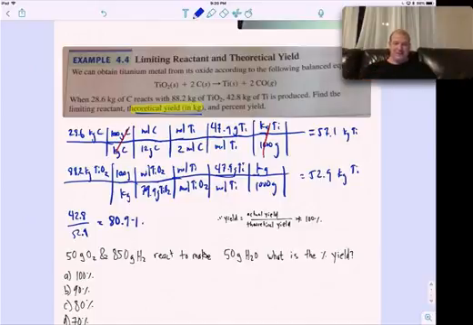The other thing is, if I were the plant manager and this is the chemical engineer running this problem, I would give them a big pat on the back and hopefully a raise, because this chemical engineer knows what he or she is doing. So why is that? Carbon is cheap. Ore is expensive. So what did this person do?